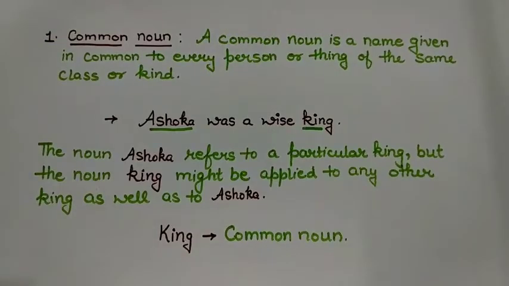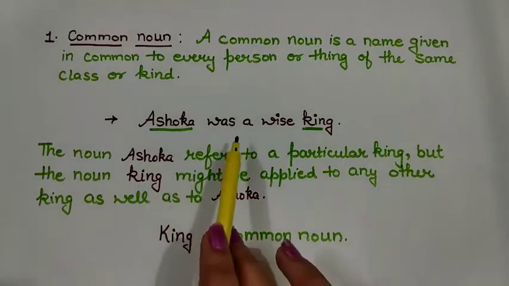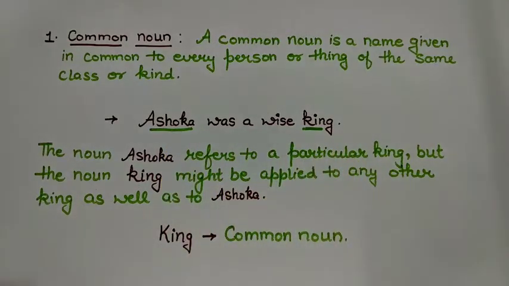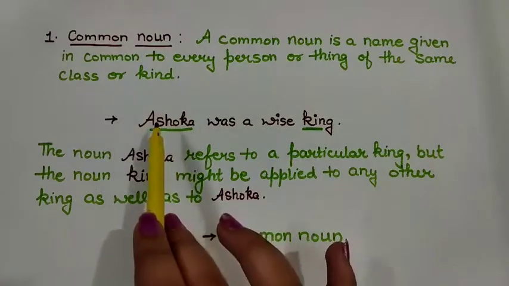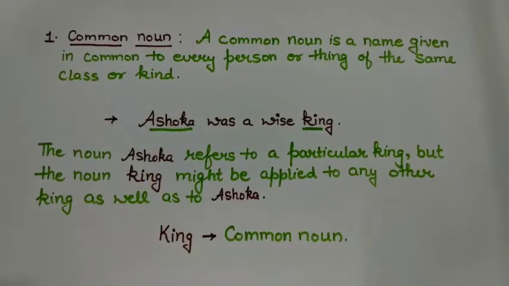So, the very first kind is common noun. A common noun is a name given in common to every person or thing of the same class or kind, as the name suggests. Let us try to understand this with an example. Ashoka was a wise king. Here, the noun Ashoka refers to a particular person.